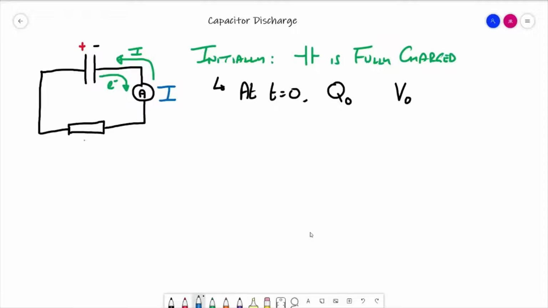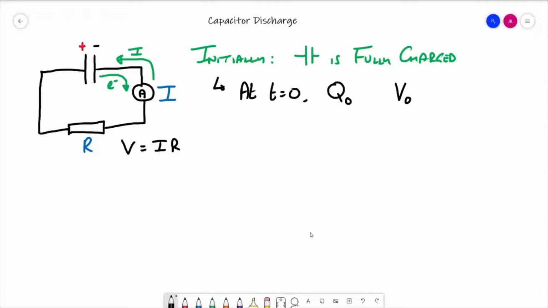Now of course that current also is going to flow through the resistor, and we can at least say that at first, and in fact at any point, the potential difference will be equal to the current times the resistance, as in Ohm's law as usual.